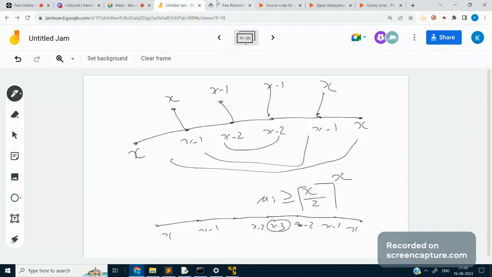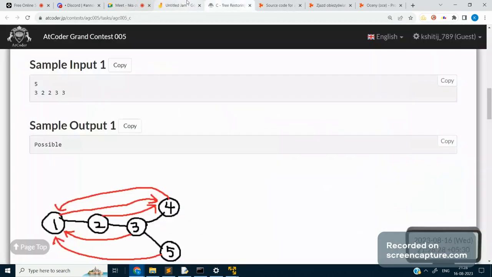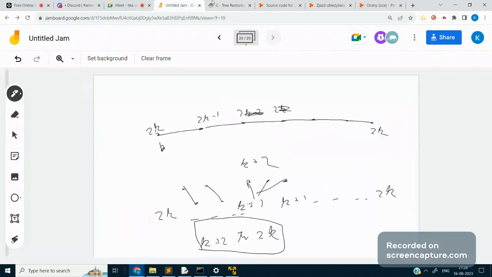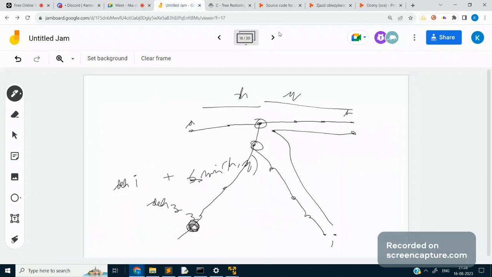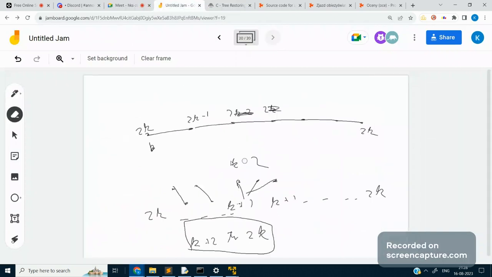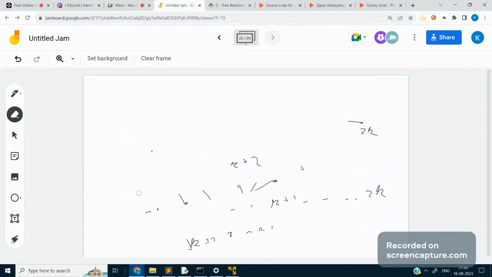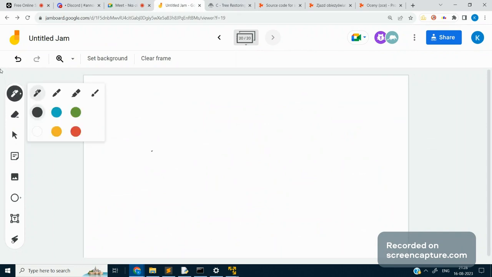I will also show it on the example. So the example is 3 2 2 2 3 3. Okay, the Jamboard has run out of slides, I will just use this. So now I will just demonstrate it on the example.